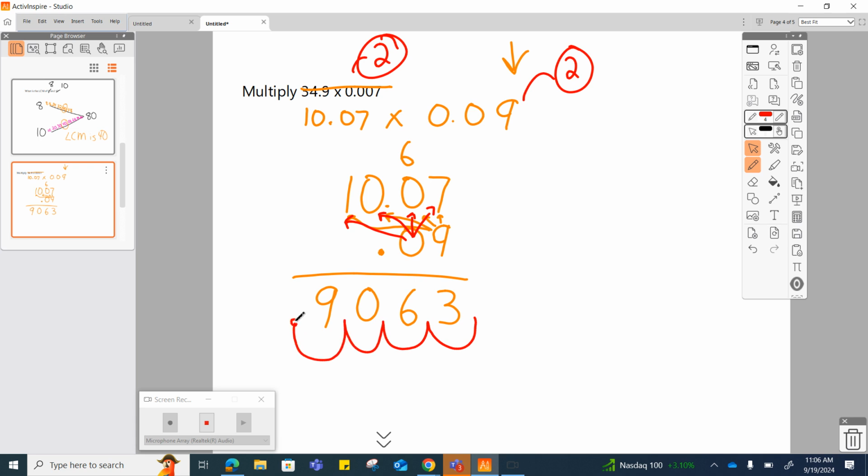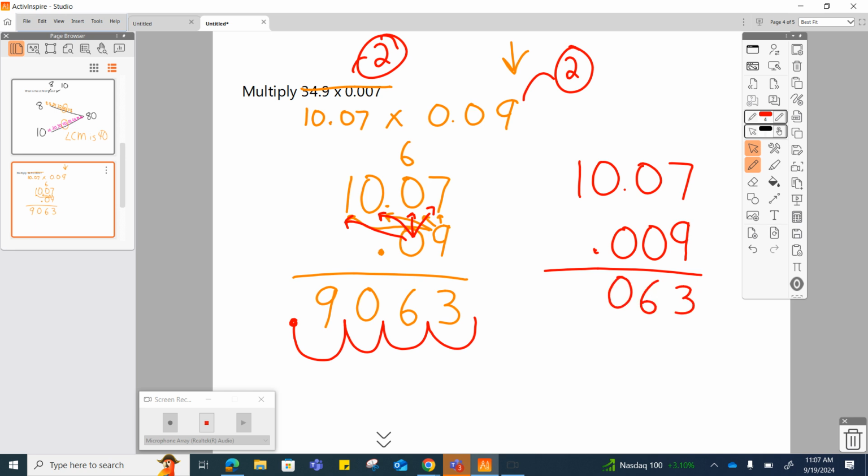Okay? Now, as I'm doing this, I'm feeling like I might have written the problem down wrong. And it might have been this. If it was, when I multiplied, I would still get 3, 6, 0, 9.